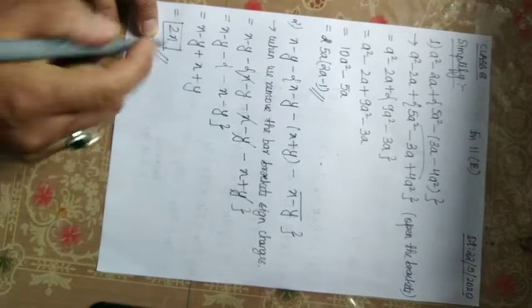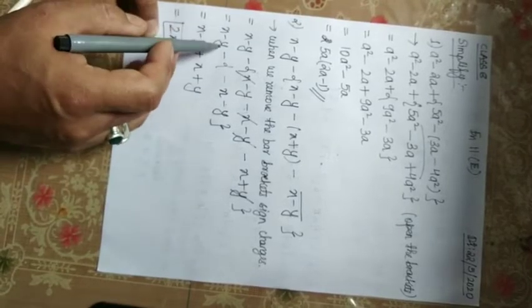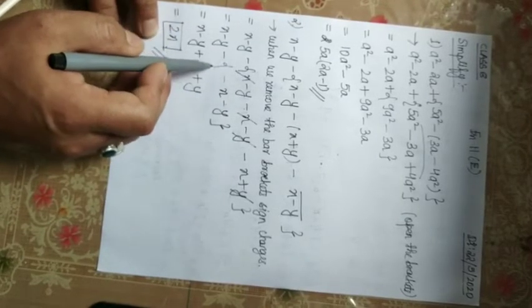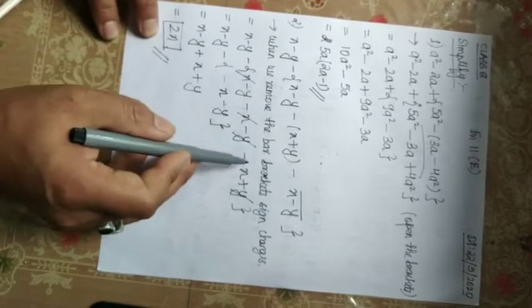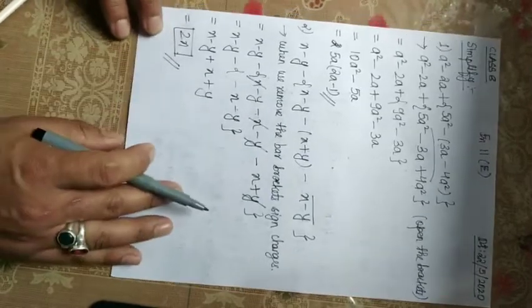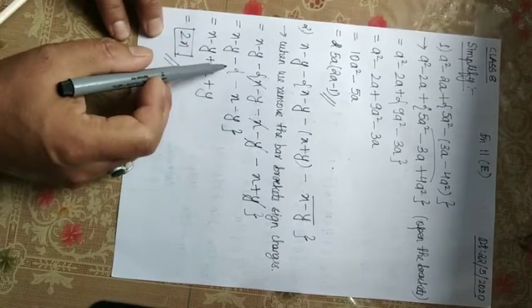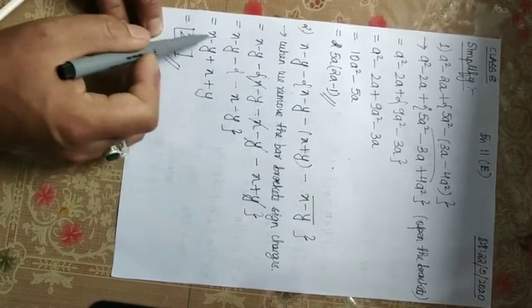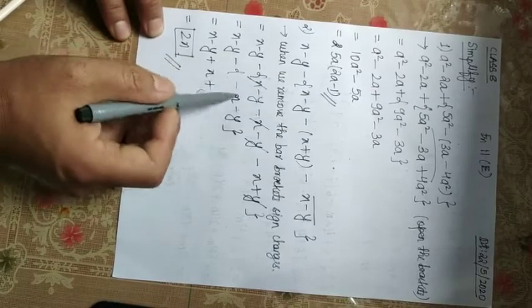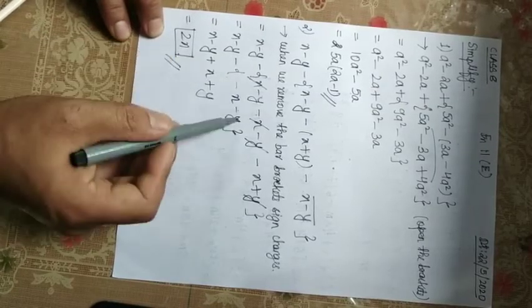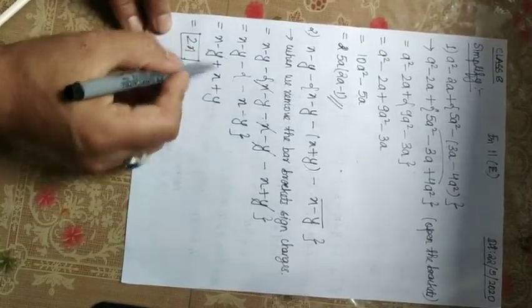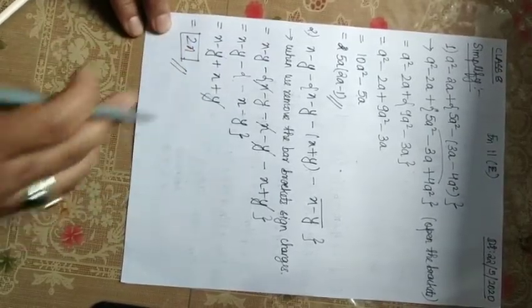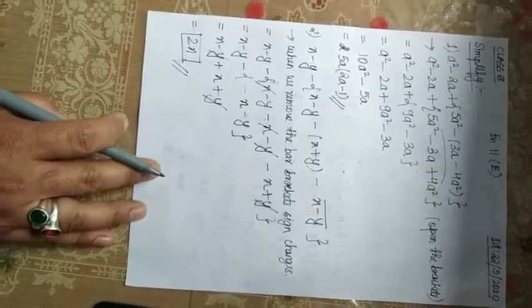Therefore I'm left with x minus y minus, within the curly bracket, minus x minus y. I hope you're clear. Then finally open the bracket. So x minus y, minus and minus plus. Also your minus y and plus y get cancelled out, hence the answer is only 2x.